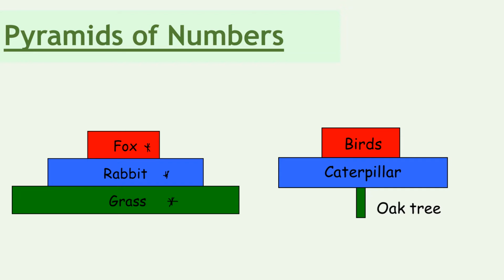And then for the woodland pyramid of numbers, you should have had a really small base for the oak tree, then you should have lots and lots of caterpillars, so bigger base for that, and then fewer birds, so smaller base for that. So well done if you managed to get the shape of the pyramid correct for both of the food chains. If not, go back to the start of this video.